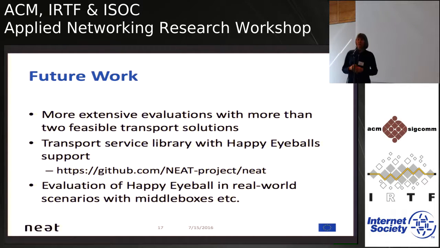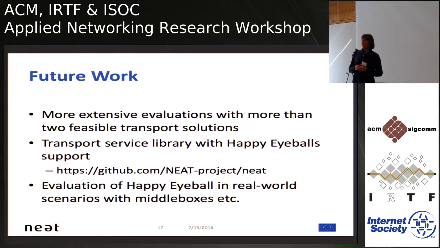So continuing, this was some first very basic measurements. Of course we want to extend the measurements and also look at some more complex scenarios where you have maybe additional protocols and also combining it with diversity at the IP level with IPv6 and IPv4.